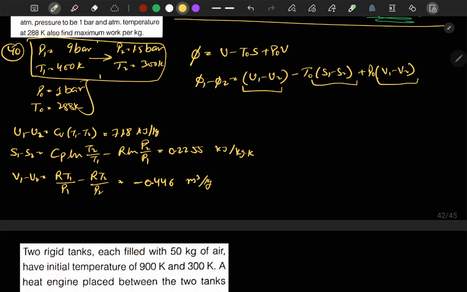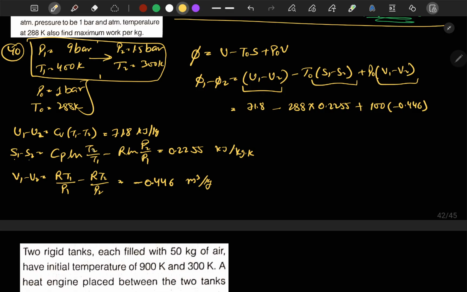Now if we substitute all the values here, we get 71.8 minus T naught, which is given as 288, into S1 minus S2, 0.2255, plus P naught, which is 1 bar, that is 100 kilopascal, into V1 minus V2, that is equal to minus 0.446. Okay, I did something incorrect.